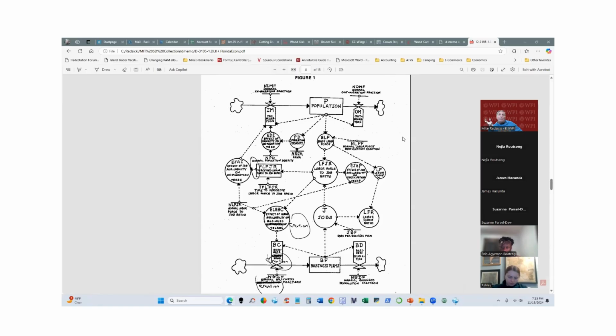Is this something we could parameterize for a particular area? Do you think? Would it be possible for, let's say, a county or a state to get a labor force participation rate, rates of in and out migration, rates of business formation? Would that be possible to get that sort of information?